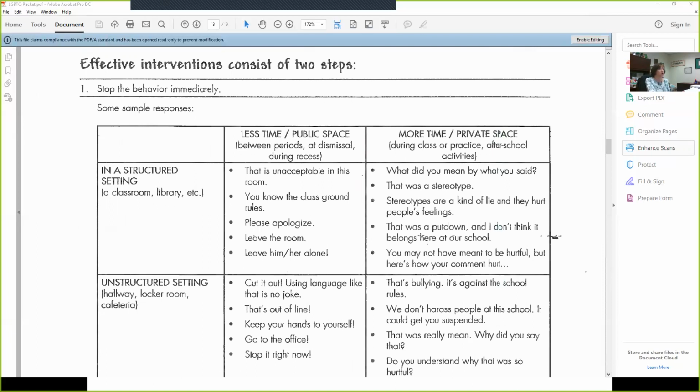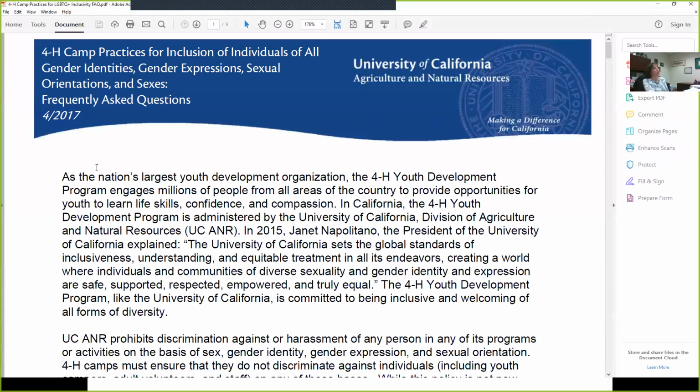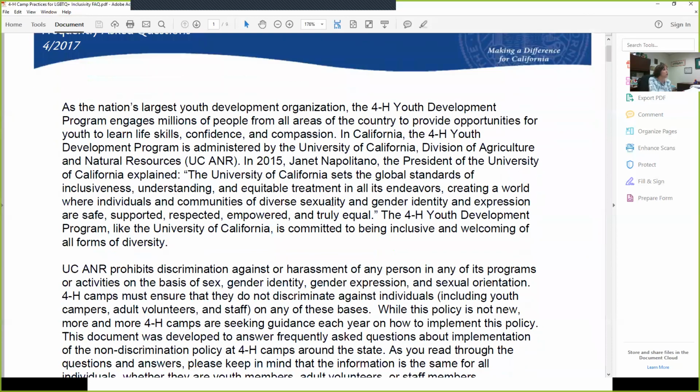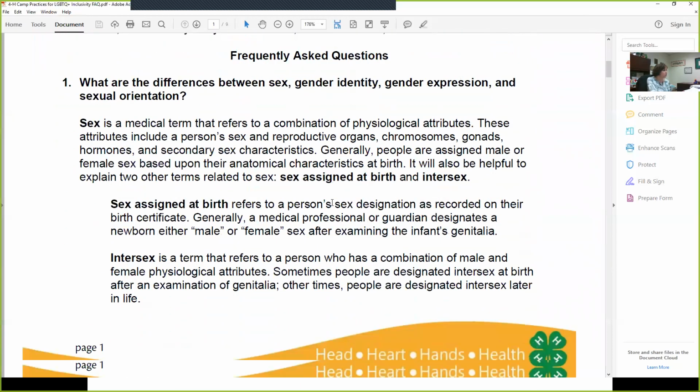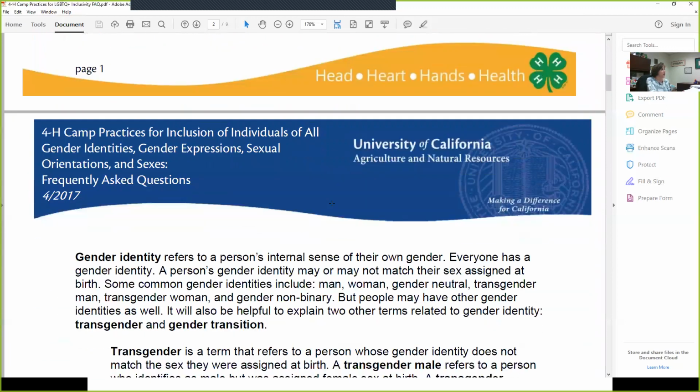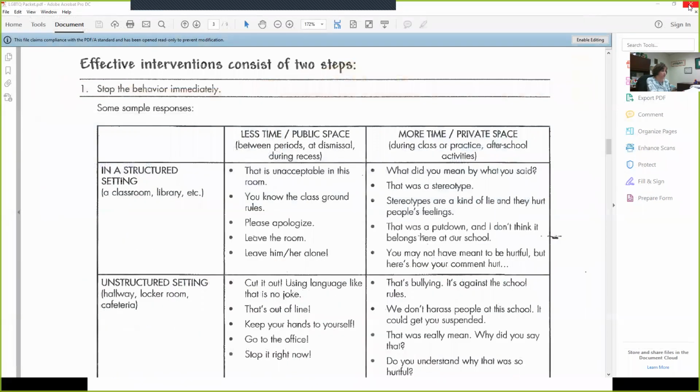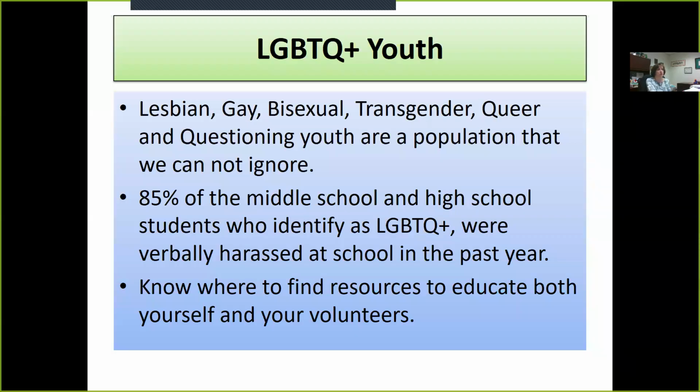California has also put together these 4-H camp practices for working with the LGBTQ plus community. We've talked at some point about trying to do something like this, and it's something that we'll be looking at in the future. Again, these are both in the box files, so those will be available to you to look at.